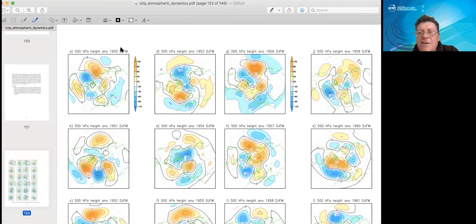Some people in Europe and the United States are interested in these maps because, knowing geostrophy, we can guess that the anomalous flow will be around these high pressure systems in this direction, or if we look at this map, in this direction.